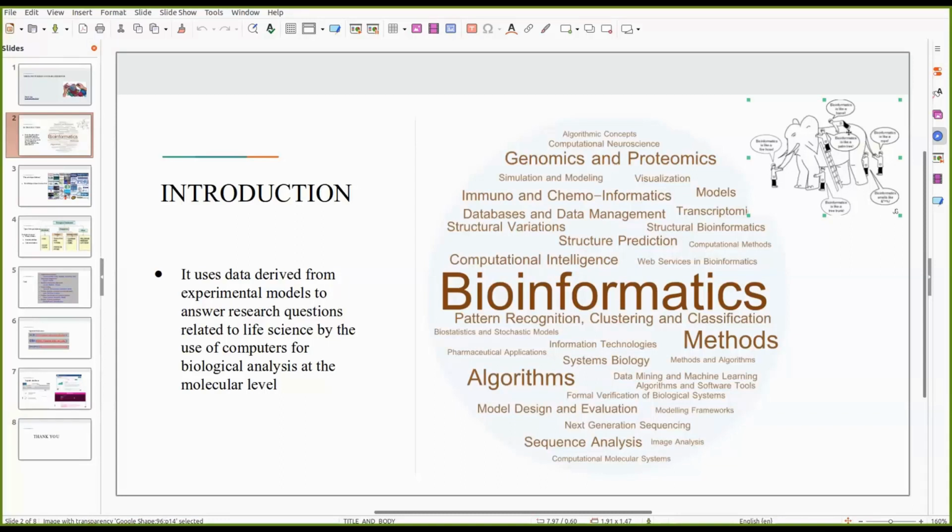So bioinformatics is all-encompassing, joining several disciplines together, like immunoinformatics and chemoinformatics. It's simply the use of computers, bringing computers to life sciences. Through bioinformatics, we can predict the tertiary structure of a protein or study genes and several other things.